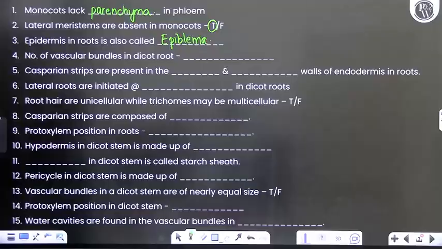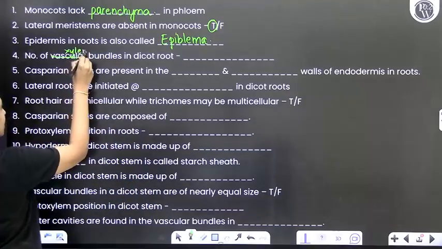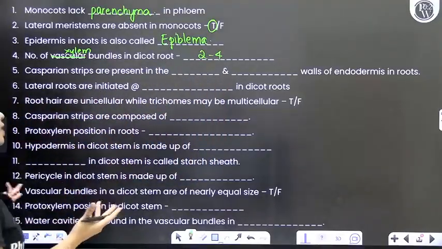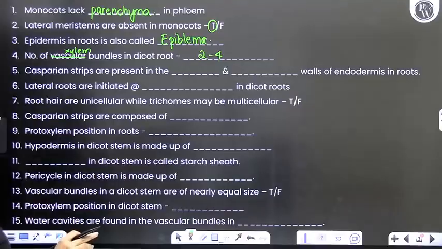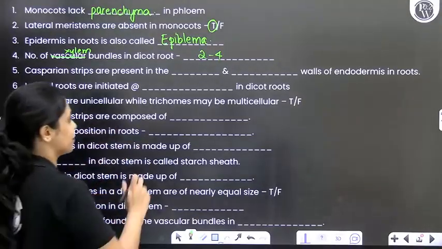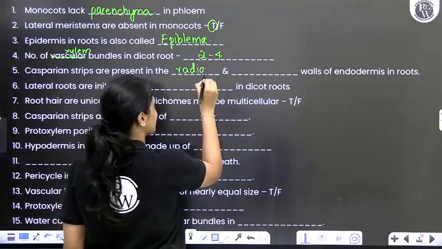Next, number of vascular bundles in dicot root. Number of xylem, let's say 2 to 4. If you say vascular bundle, then it will be like xylem and phloem combined. Casparian strips are present in the dash and dash walls of endodermis and roots, radial and tangential walls.